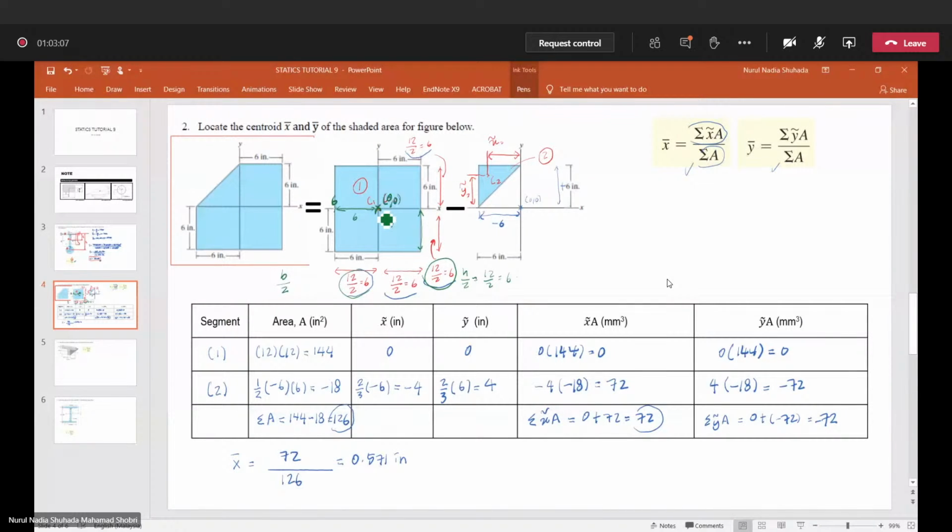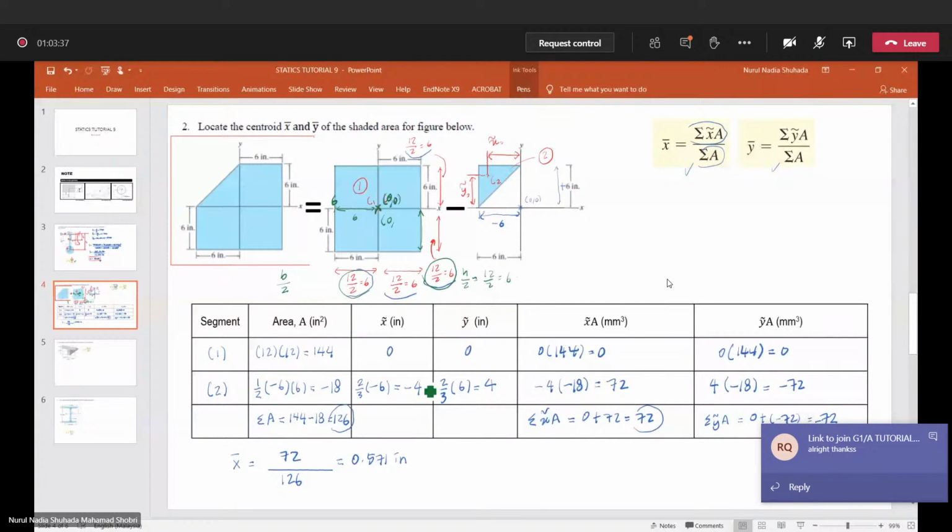It's supposed to be the length, but since the centroid of the square and the coordinate of the axis overlap, if you minus the distance, it will be 0. Just not to misunderstand, it's supposed to be length, but since they overlap, there is no distance to minus. So for segment 1 we just write the value of the coordinate, because the coordinate and the centroid overlap, so you cannot minus. Okay, I hope that's clear.